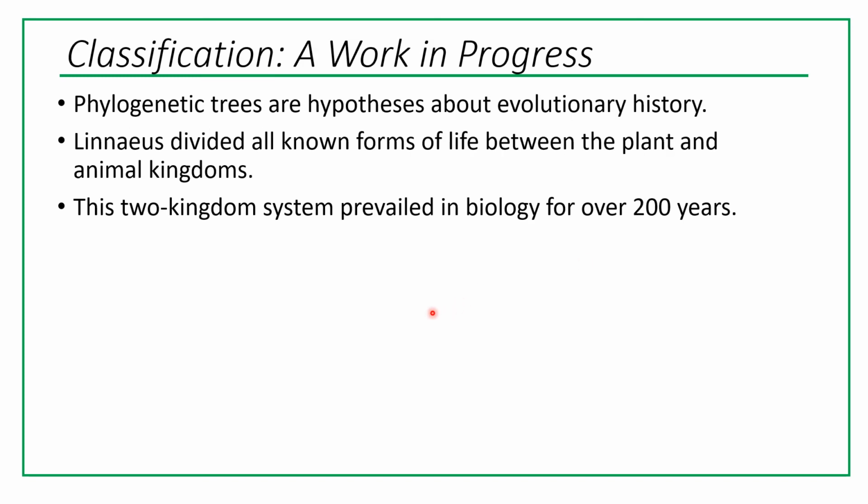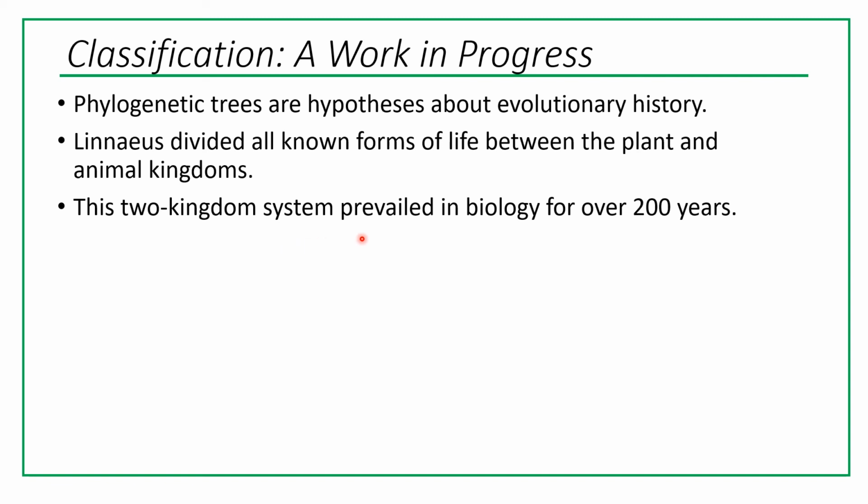So phylogenetic trees are hypotheses about evolutionary history. Linnaeus divided all known forms of life between the plant and animal kingdoms. So we used to have only a two-kingdom system, plants and animals. We didn't even know that other forms of life exist.